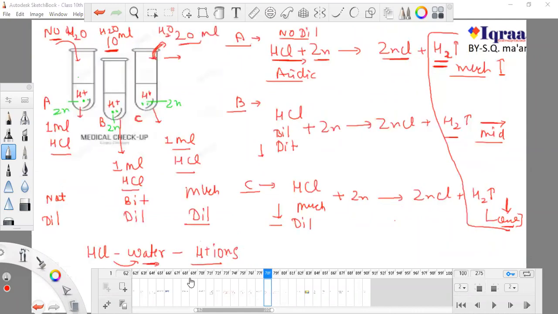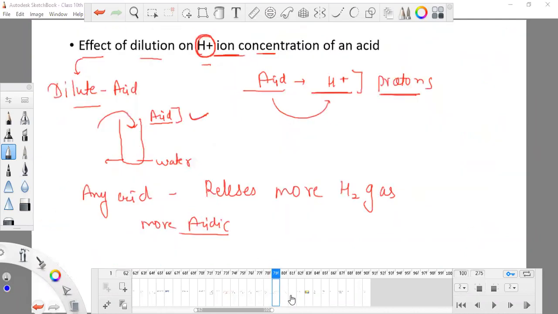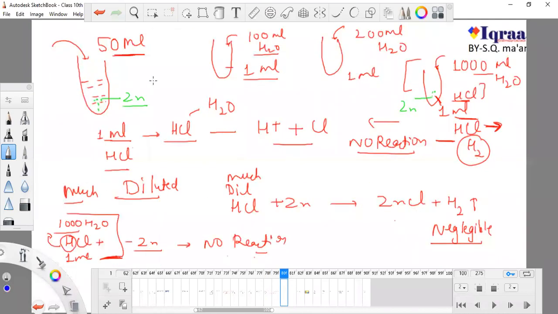In the previous experiment we saw that the concentration of H plus ions decreases as we add water. If you add a large amount of water to the same 1 ml of HCl, the H plus ions decrease to such an extent that it is not considered an acid.